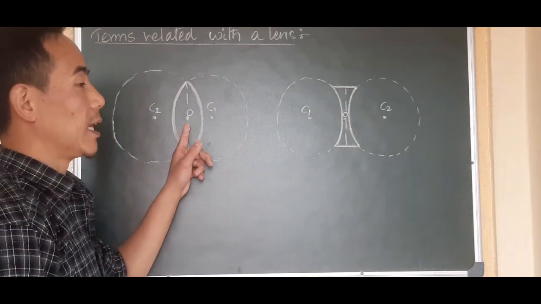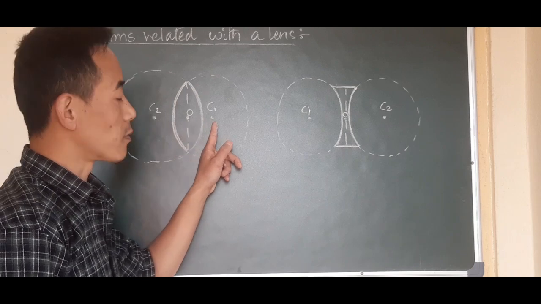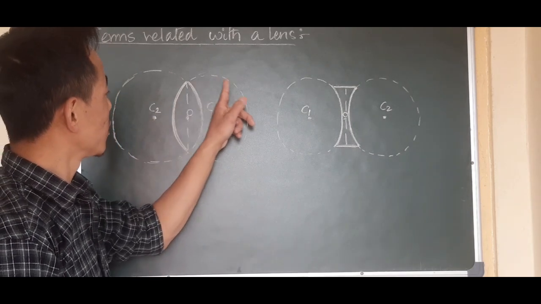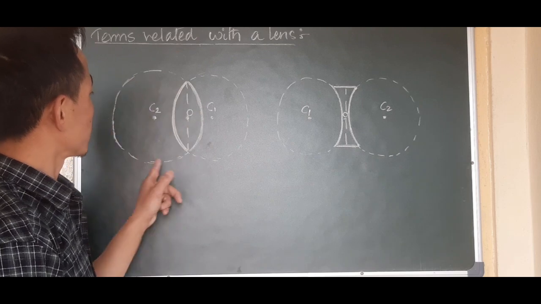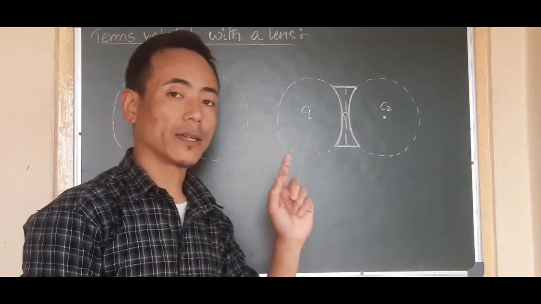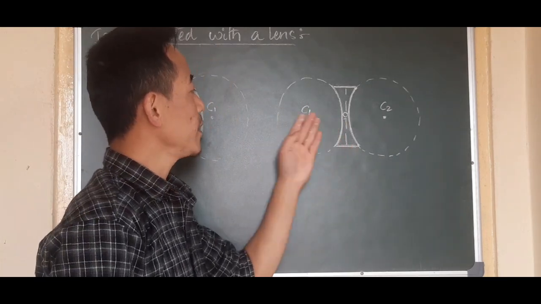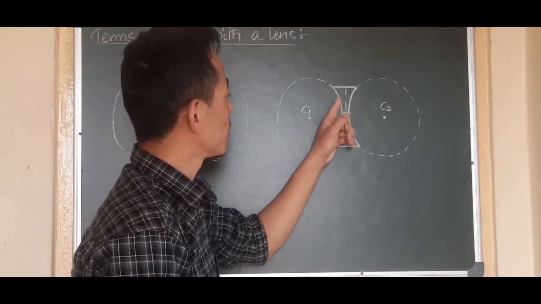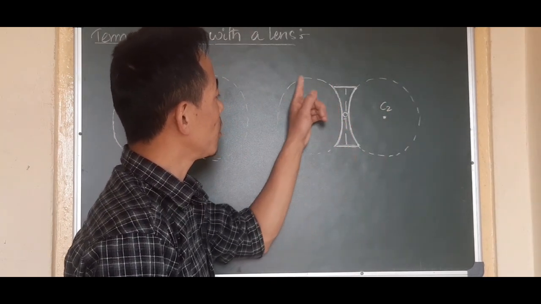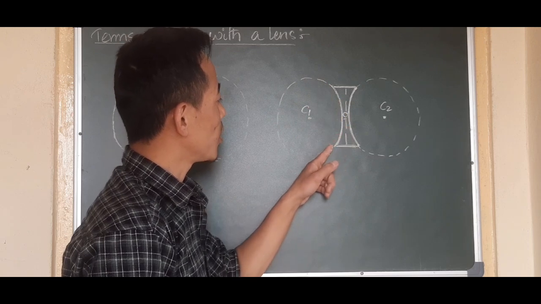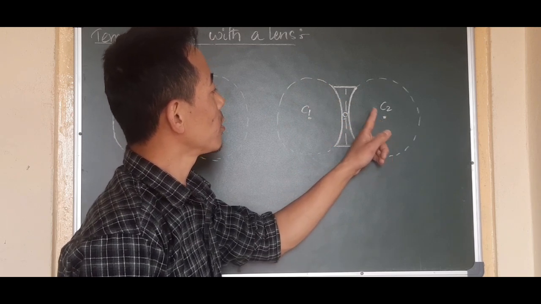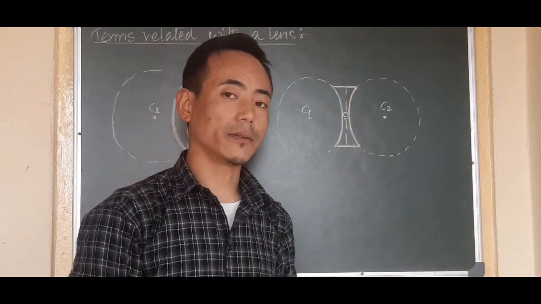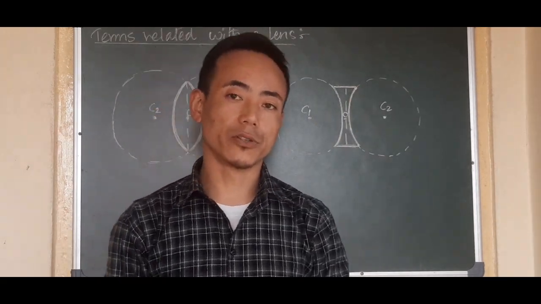For convex lens, C1 is towards right and C2 is towards left, because this is for the first surface and this is for the second surface. But for a concave lens, C1 is on the left side and C2 is on the right side. The C1 is the center of curvature for the first sphere, which is formed, and this first surface is part of it, and C2 is the center of the second sphere, for which this second surface is a part of it. So there are two centers of curvature.